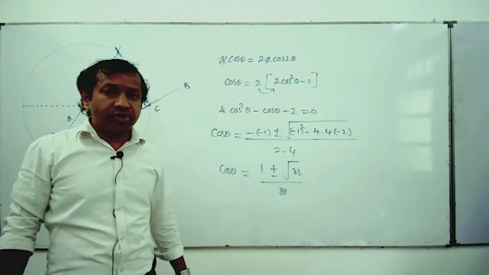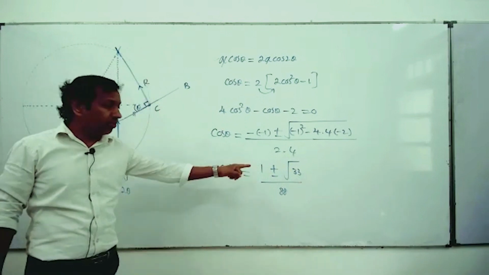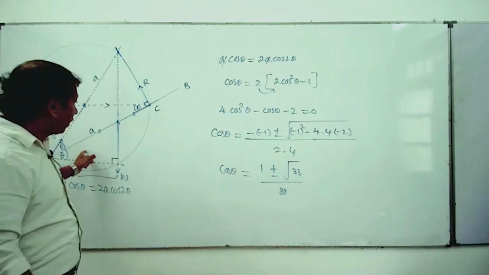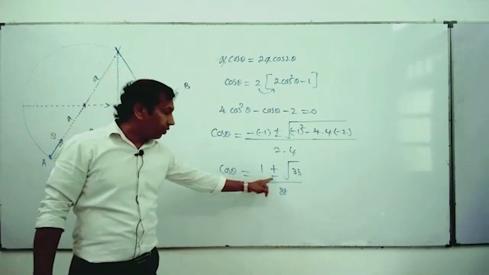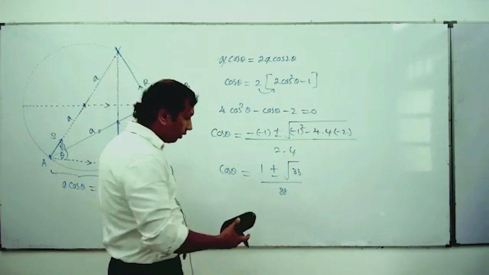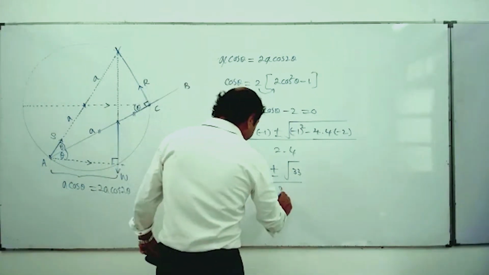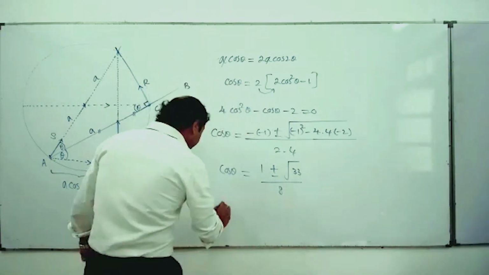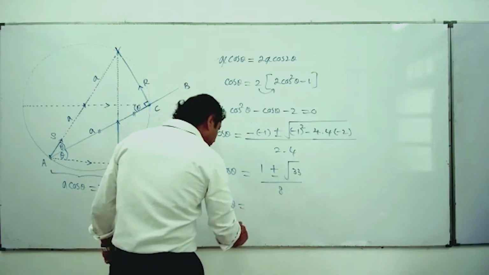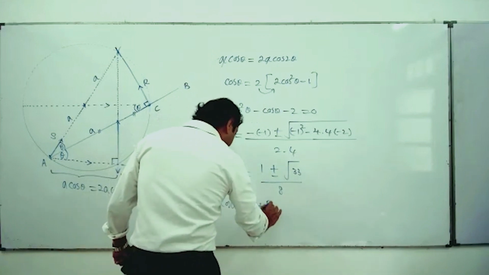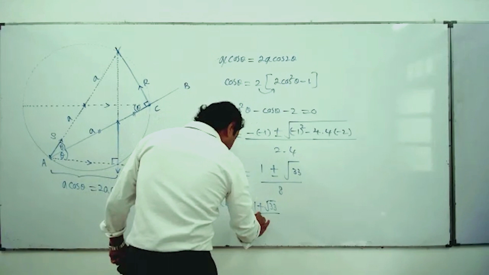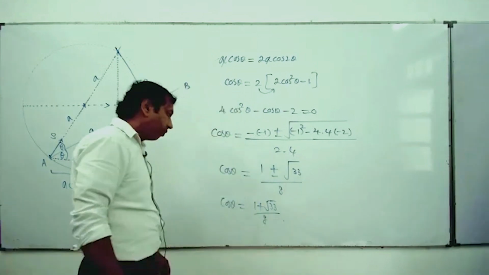So this theta should be more than 90 if this is the minus sign. But obviously, this theta is an acute angle. So this minus sign you can't take, right? Here we have 8. Right. So then cos theta is what? 1 plus root 33 divided by 8 is cos theta.